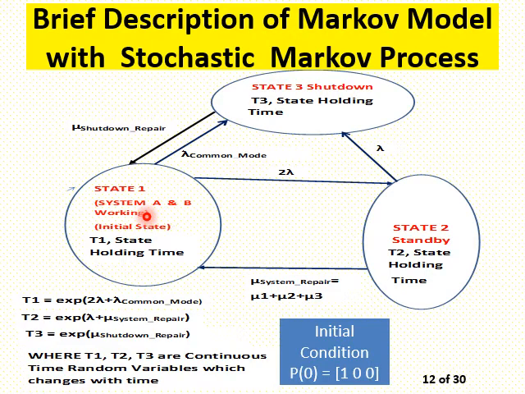This stochastic process of jumping from one state to another, based on the state holding time in each state, is called the Markov process. As you can see, each state has a state holding time. T1, T2, T3 are continuous time random variables which change with time and which have exponential distribution.